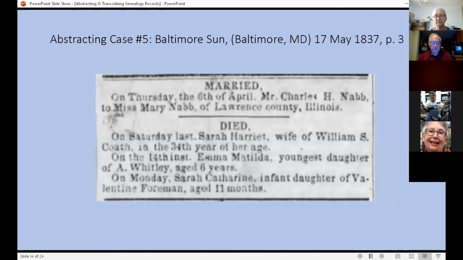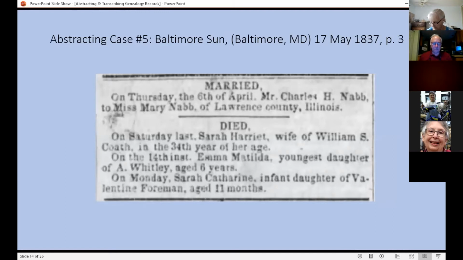And the last abstracted item that I've used tonight is, for example, a marriage or death announcement in the Baltimore Sun. And this was actually one of the first issues of the Baltimore Sun that was recorded in May of 1837 when the Baltimore Sun was first established.